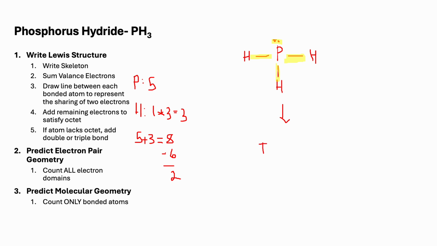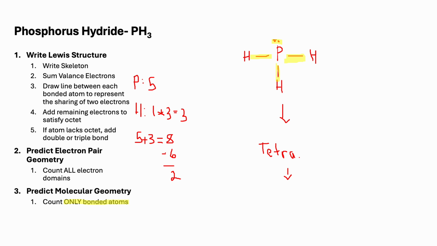So its electron pair geometry would be tetrahedral. So I'm just going to write out tetra, and you can fill in the blank for the rest of the word. Tetrahedral. Now, its molecular geometry, remember, only counts the bonded atoms. So it's not going to count that electron pair.